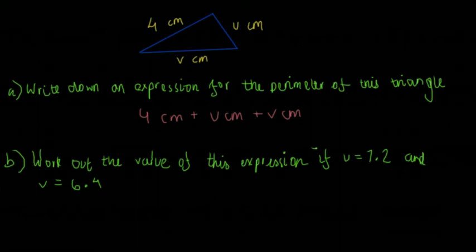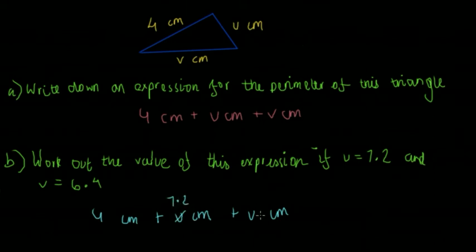So let's just write the expression down. 4 centimeters plus U centimeters plus V centimeters. Now they said the U is 7.2 and the V is 6.4. So what is it now? We can put an equal sign at the end now, because now we know all the values, we can work it out.